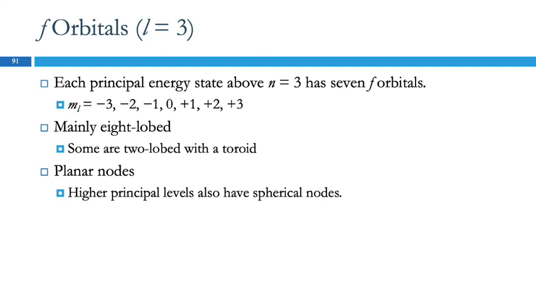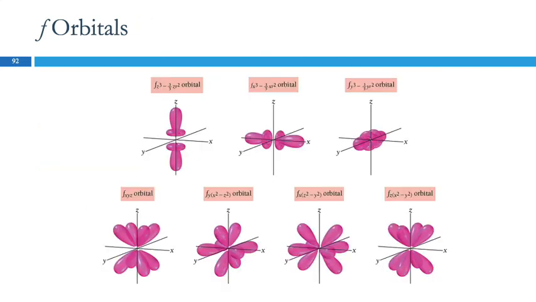And then f, stranger still. Now it looks like we're getting into balloon art, right? Weird, weird, weird. You should know the shape of an s orbital. It's a sphere. And the p orbital is kind of the dumbbell, like 2 balloons, right? D and F, nah, they're weird.